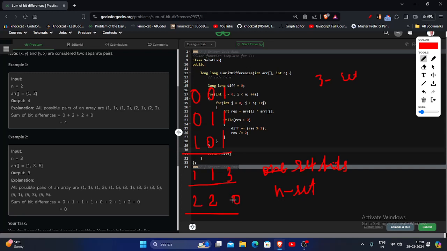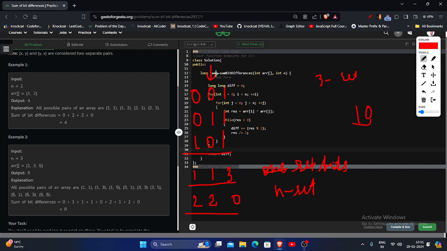And how this would be helpful for us: we need to count the number of pairs where we have different bits at the current position. Here, all are 1, so there would be no pair where the bits are different at the current position.